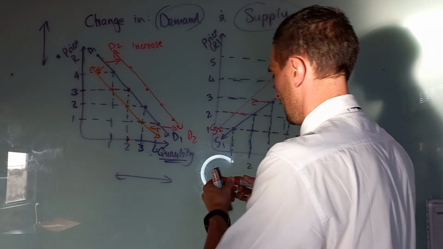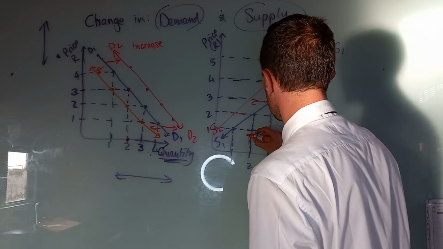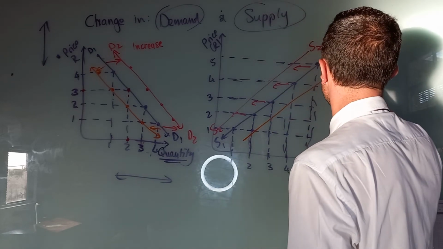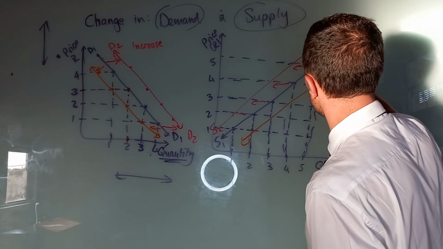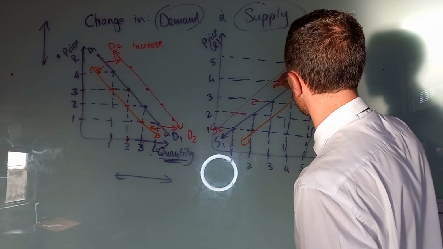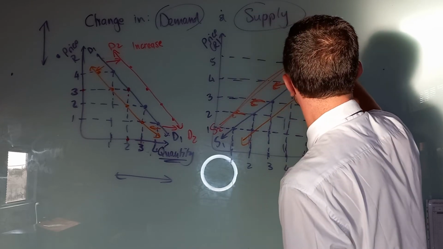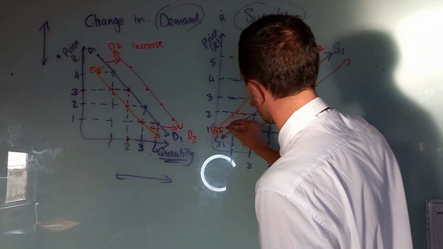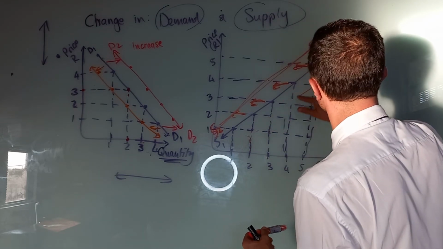But let's say my supply graph increases. Actually, I've used the wrong color. If my supply graph decreases, it moves to the left. Let's try and do it right. So if my supply decreases, remember when it decreases, it always moves to the left.